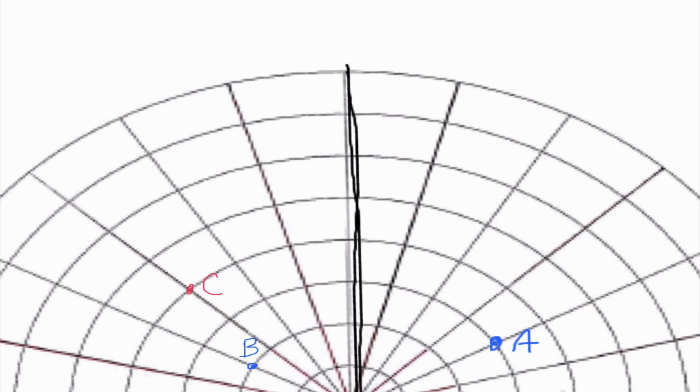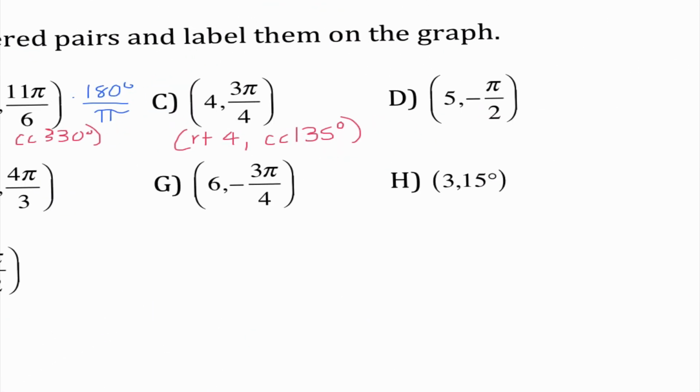And in order to graph anything, before we can actually graph equations, we need to know how to graph ordered pairs. Before you guys started graphing anything in the rectangular coordinate system, we learned how to graph ordered pairs of x and y. So if we look at D, this is telling me to go to the right 5. And this time my angle is negative.